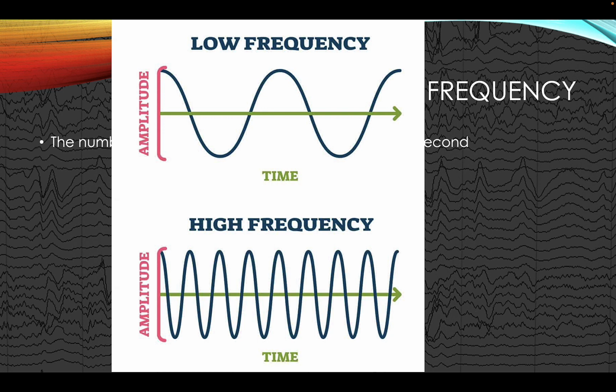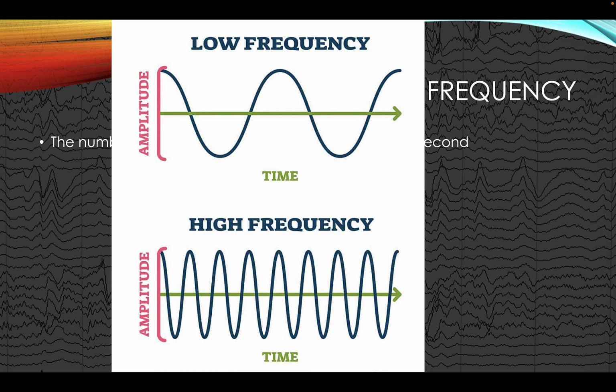If you wanted to measure the frequency, it's how fast those waves are passing by your pencil. So if in 1 second you have 5 peaks of waves passing by your pencil, then your frequency is 5. If in 1 second you could count 50,000 peaks passing by your pencil, your frequency is 50,000.